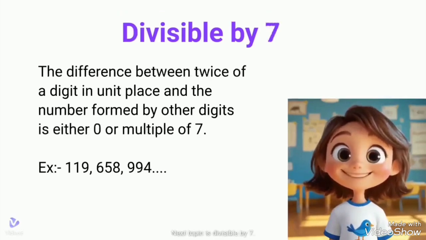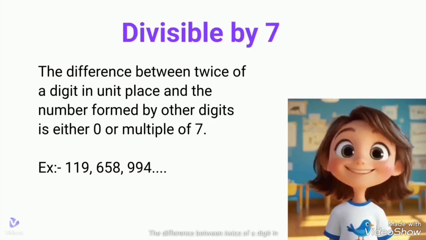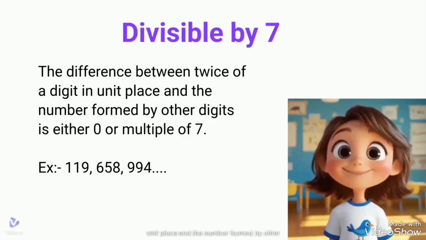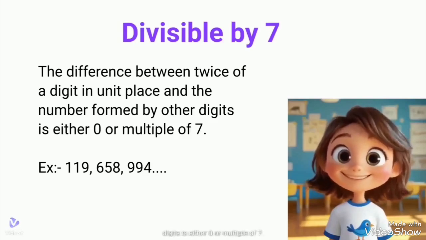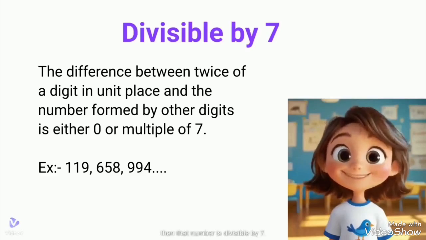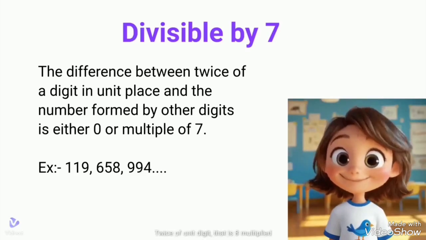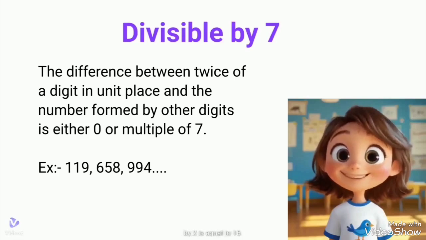Next topic is divisible by 7. If the difference between twice the digit in the unit place and the number formed by the other digits is either 0 or a multiple of 7, then that number is divisible by 7. For example, 658. Twice the unit digit, that is 8 multiplied by 2, is equal to 16.